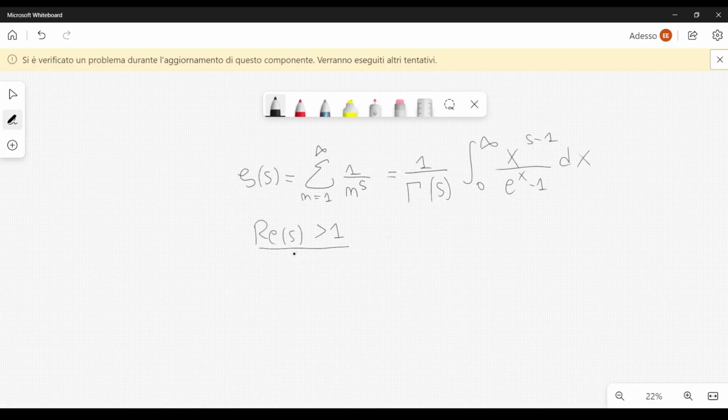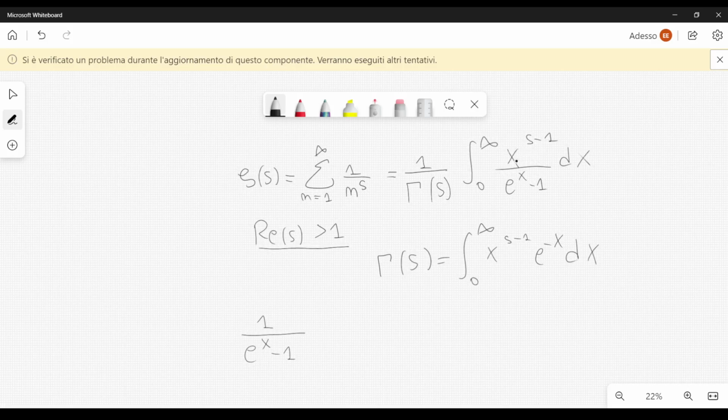And the proof is actually quite simple, and let me also remind you that gamma of s by definition is the integral from 0 to infinity x to the power s minus 1 e to the minus x dx. And then let's consider this denominator here, and in particular the function 1 over e to the x minus 1.